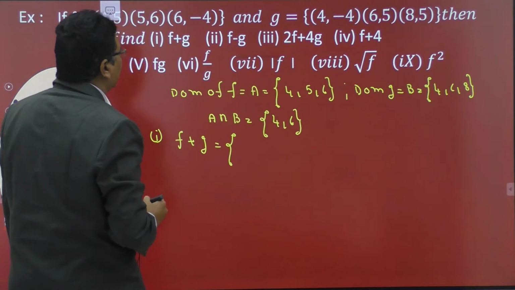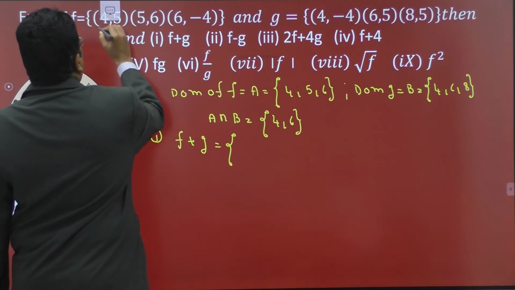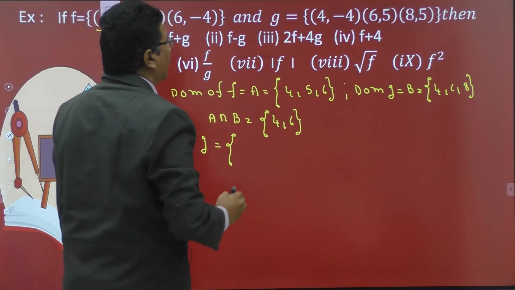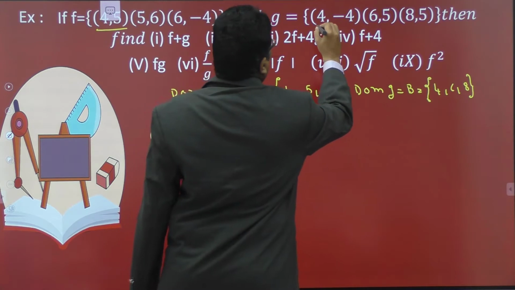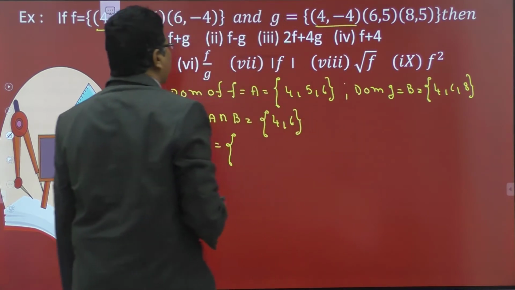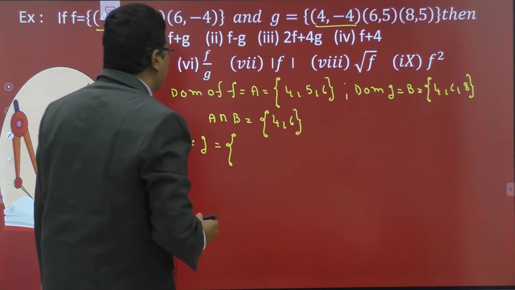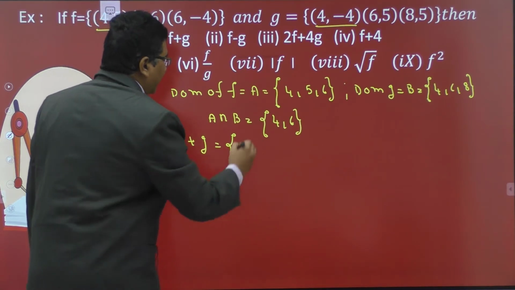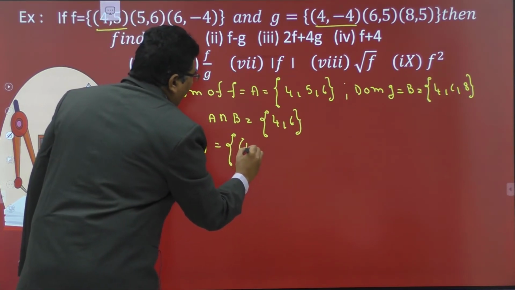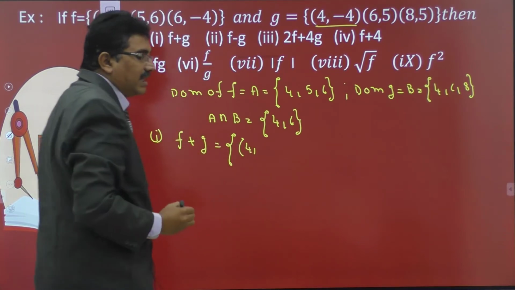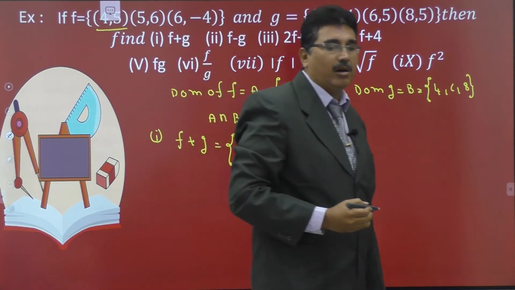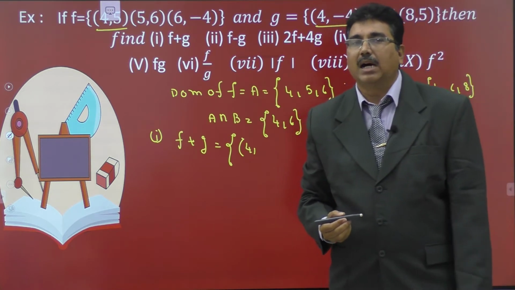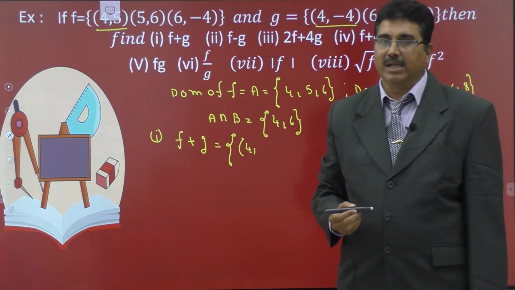Here f plus g: this is an ordered pair (4, 5) and this is (4, -4). The first component is not changed by any operation, since the first components are the domain elements.